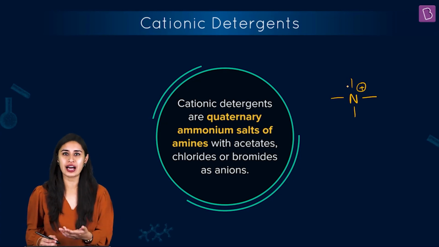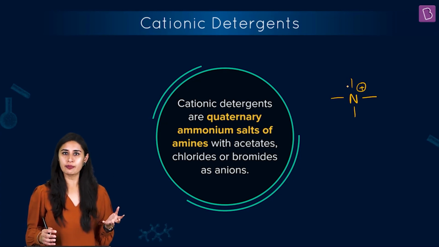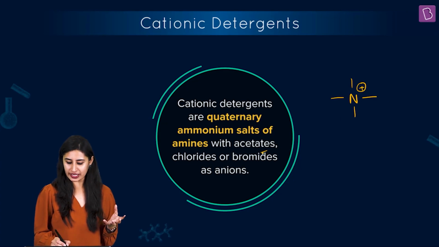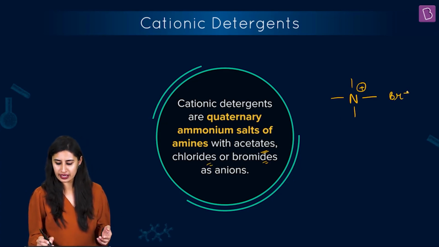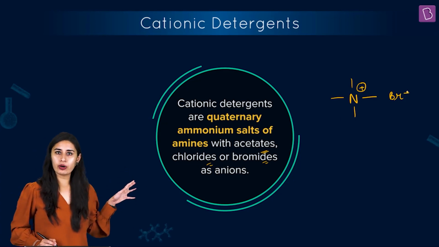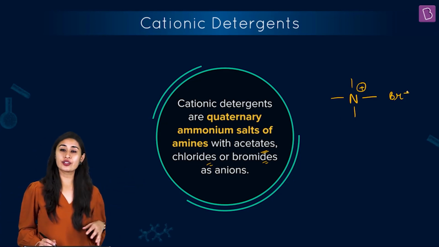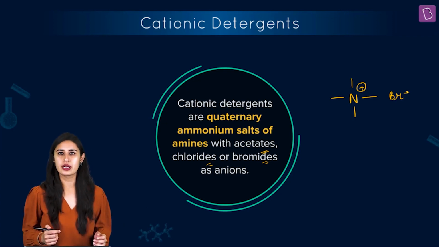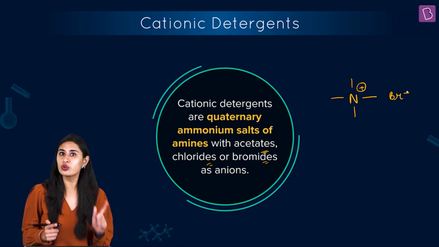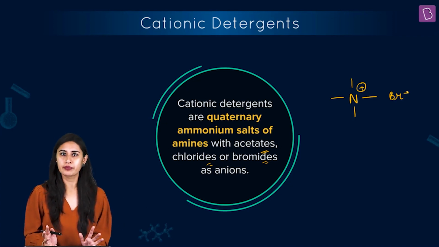So there has to be an anion followed by this ammonium salt, right? Usually their anion can be acetate, chloride or bromide. The important part of this cationic detergent is that they have germicidal properties. They kill germs and they're expensive, so their usage is also very limited.